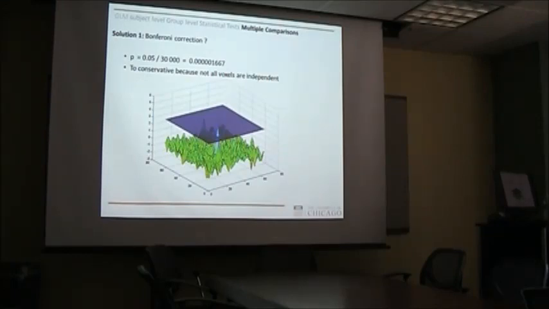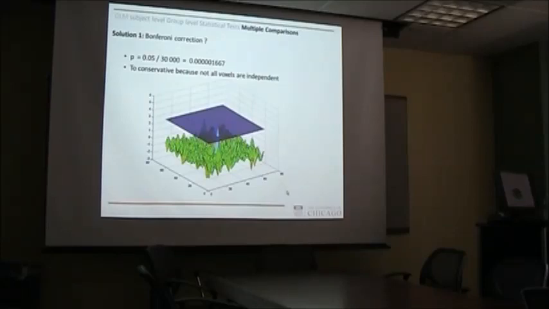And the fact that these observations are not completely independent, or visually that this is not an entirely spiky thing, but there are some hills, so to say, in this image, also means that a Bonferroni correction would be too conservative.